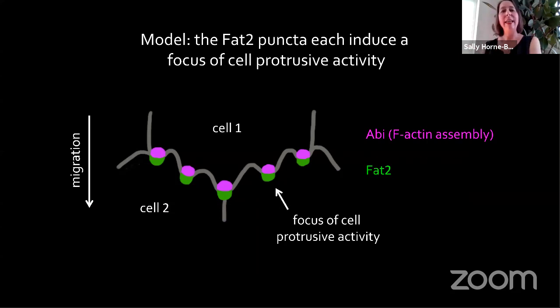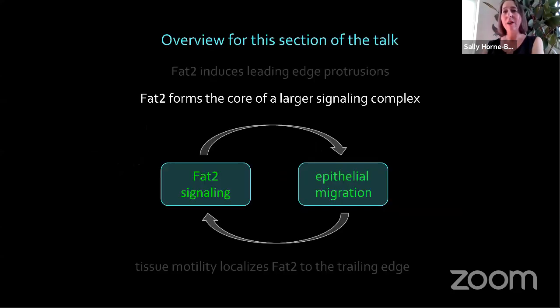So clearly there need to be some sort of transmembrane receptors at the leading edge of these cells that are transducing that FAT2 signal. And this is going to take us to the second part of this talk, where we're going to talk about the larger signaling complex to which FAT2 belongs.